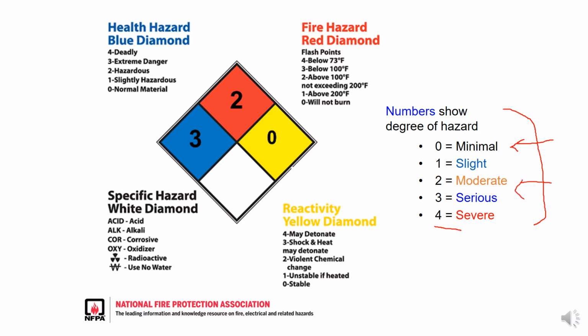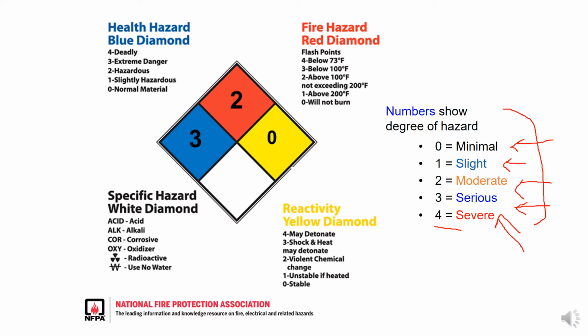A 2 is moderate, 1 is slight, and number 3 is a serious degree of hazard for this chemical, whatever the chemical. And of course, if number 4 is mentioned, it means it is the most severe, the top one. This is very important when working with or handling chemicals that have hazard degrees of 3 or 4.